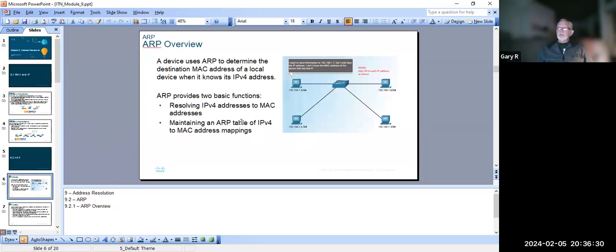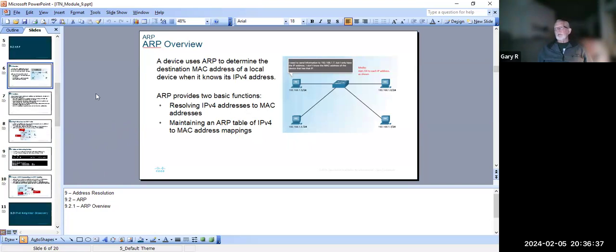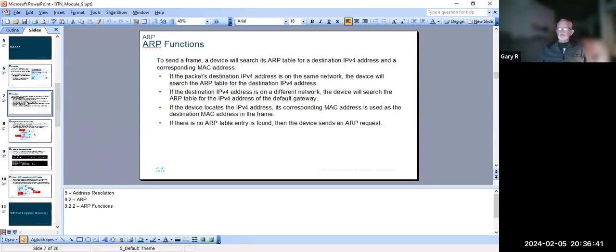We will maintain that in a table, but ARP is primarily about the resolution, and we have an ARP table for a while as addresses are resolved. So this is something that you would want to understand in the world of networking for all sorts of purposes, troubleshooting, as well as routing, switching, etc.